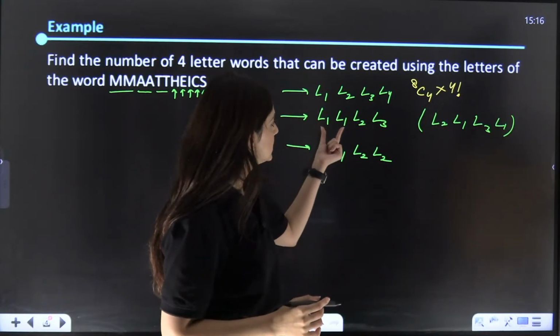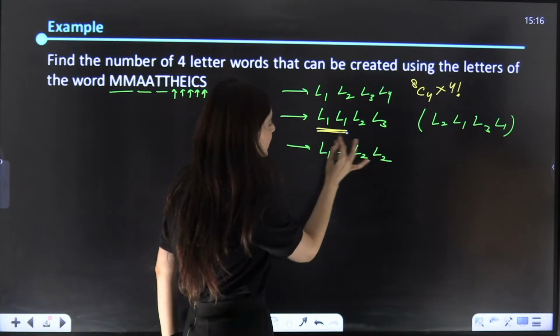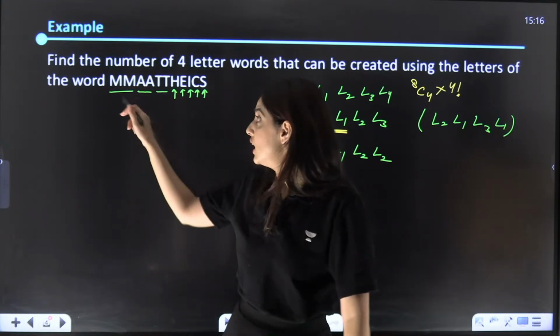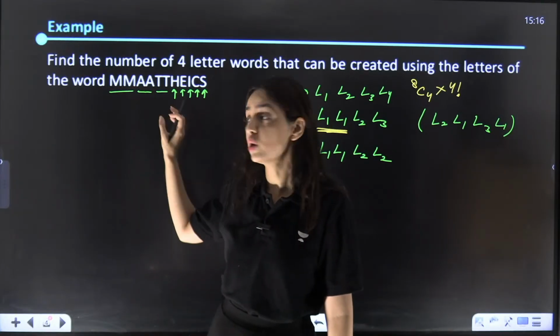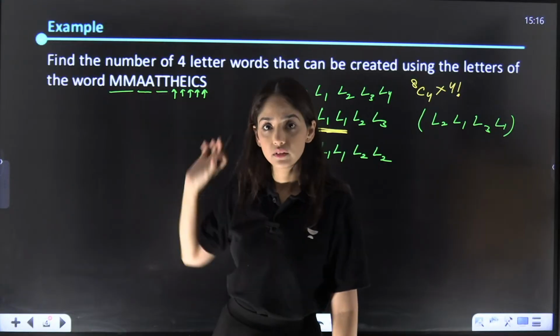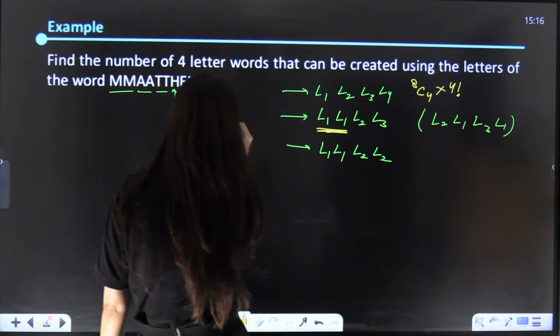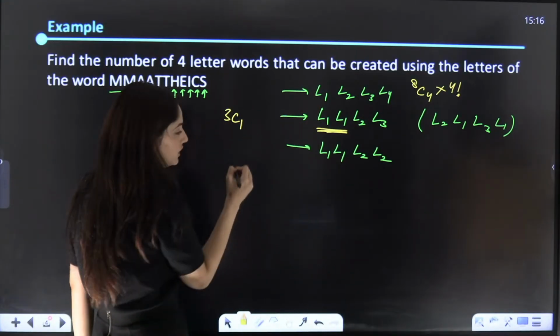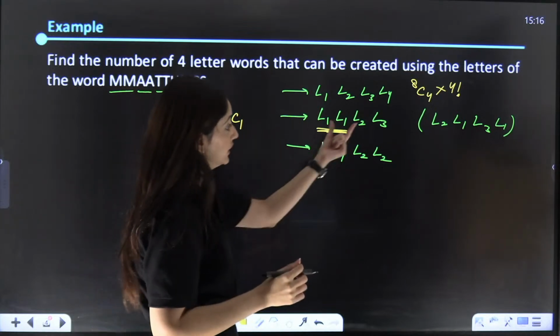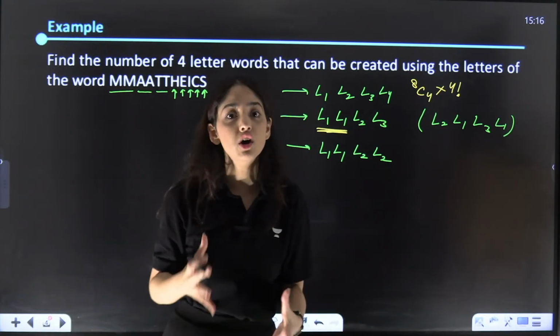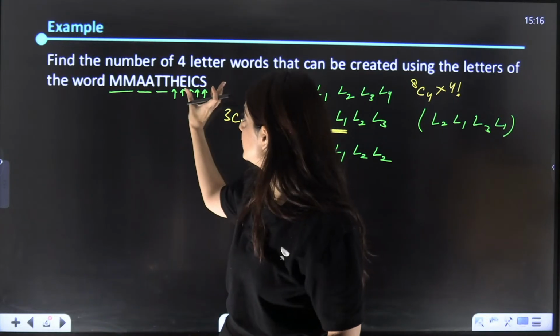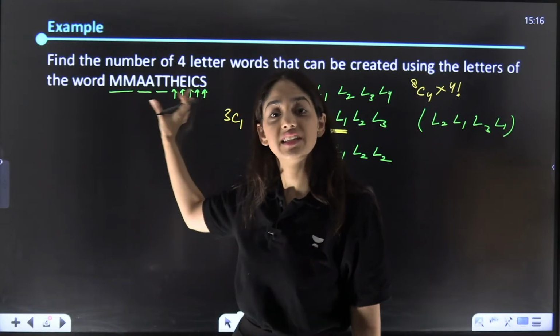In this case, we have to select one letter which is available twice. So out of 3, we have to select 1. So 3C1 into, for the other 2, how many options do we have? We don't just have these 5 options, but we have 7 options.